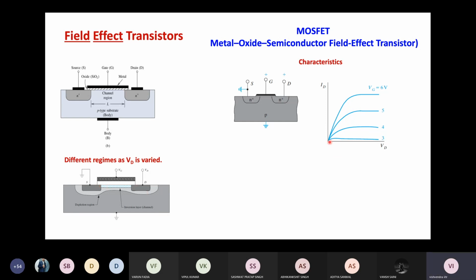If we apply a drain voltage, a current will flow in the circuit. If we increase the drain voltage, the current will also increase almost linearly. But after a certain point, the current becomes saturated. It does not increase any longer.